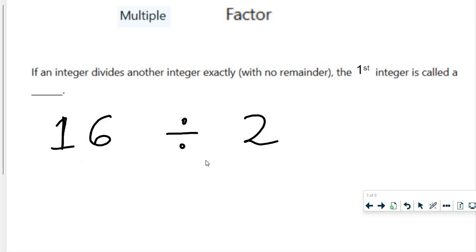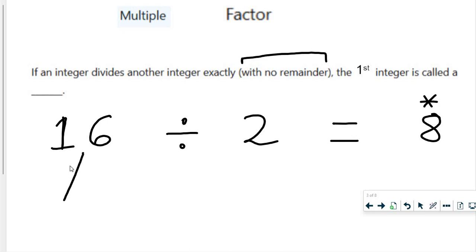Now, 16 divided by 2, you are going to get an exact answer with no remainder. 16 divided by 2, what is the answer? It is 8. Now, let me talk about this number, which we call the first number. And I will talk about this number, which we call the second number.